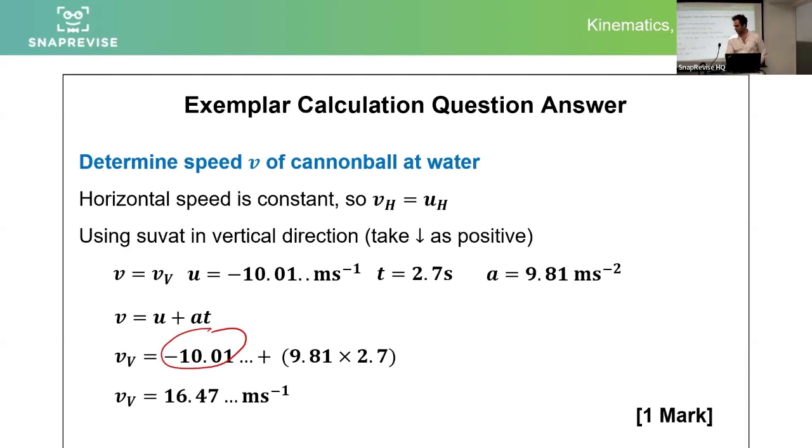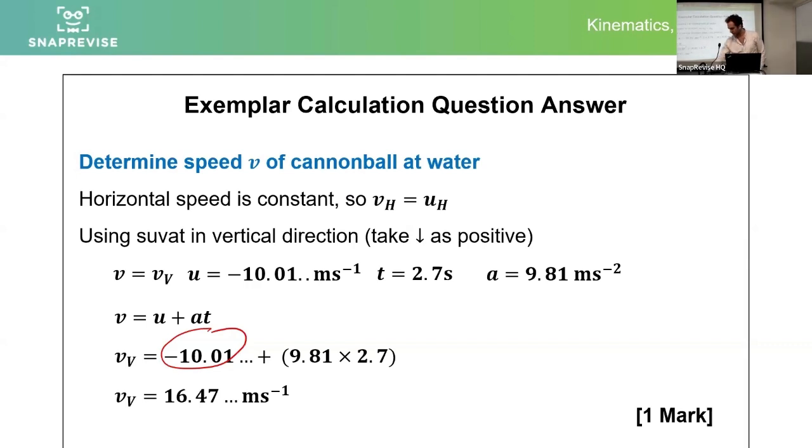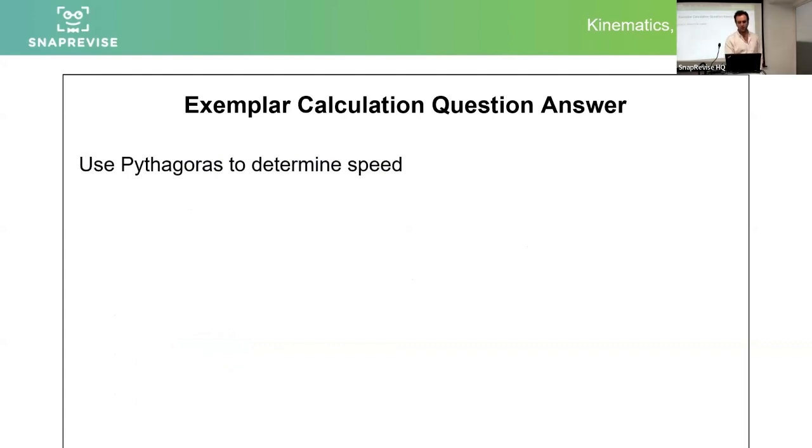Is that the end of the question? Not quite. The question itself asks us for the speed of the ball. Speed is a scalar. We need to recombine our 2 components. So we've got our vertical component down and our horizontal component there.